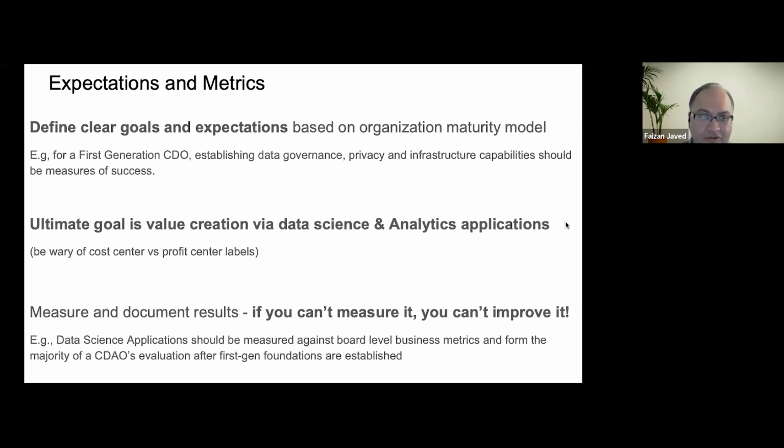So you know that most of the focus will be on these areas, and this is how you can measure. But we want to make sure that the clear goal is that we have to reach the data offense side, where we finally end up providing value to our customers via data science applications, right? Because that's where the real impact comes in.